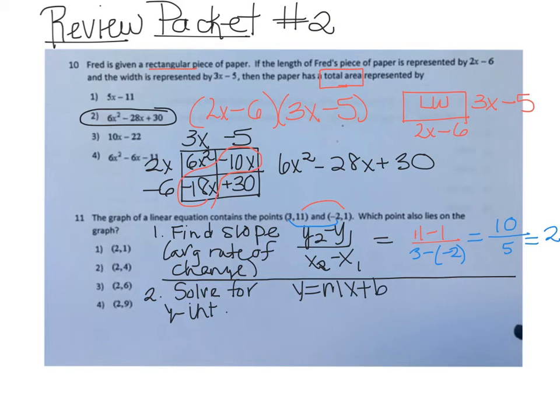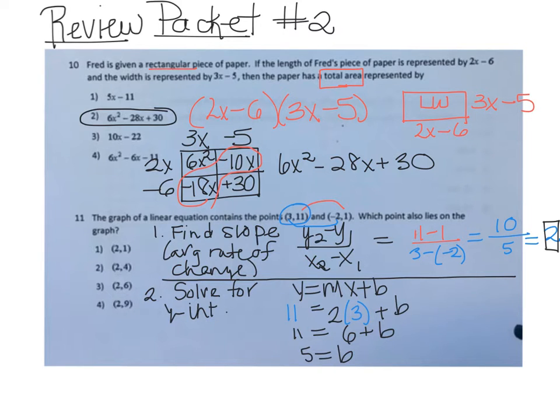So since we now have the slope 2, I'm going to put that in for m. I'm going to take one of the 2 given values. I'm going to go with (3, 11), so I don't have to deal with any negatives. 3 goes in for x, and 11 goes in for y. So I have 11 is equal to 6 plus b. Subtract 6 from both sides, and we get 5 is equal to b.